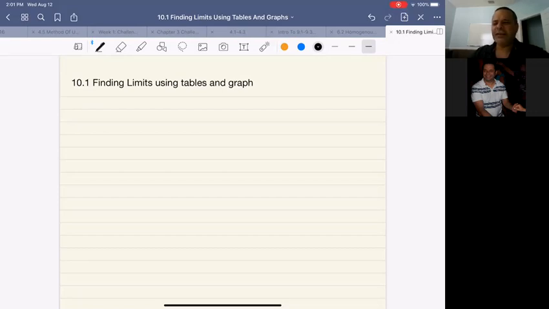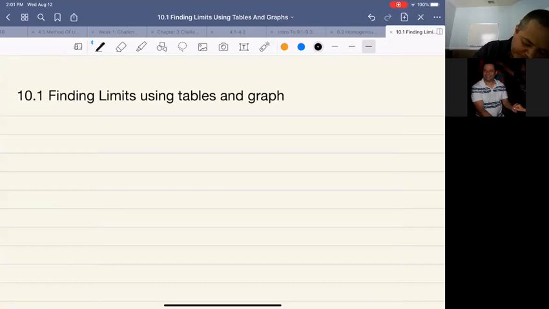So let me just give you an idea of what our goal is here. Our goal is to make sense of the instantaneous rate of change.